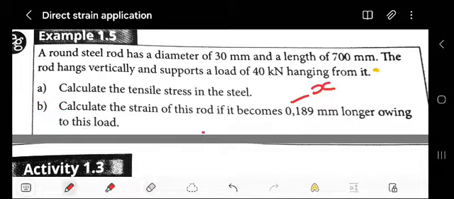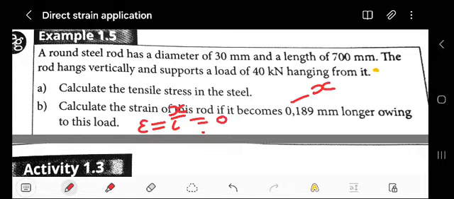So the strain is the change, x, over the original length. The length is in millimeters, and this is in millimeters, so there's no problem. The SI units are matching.